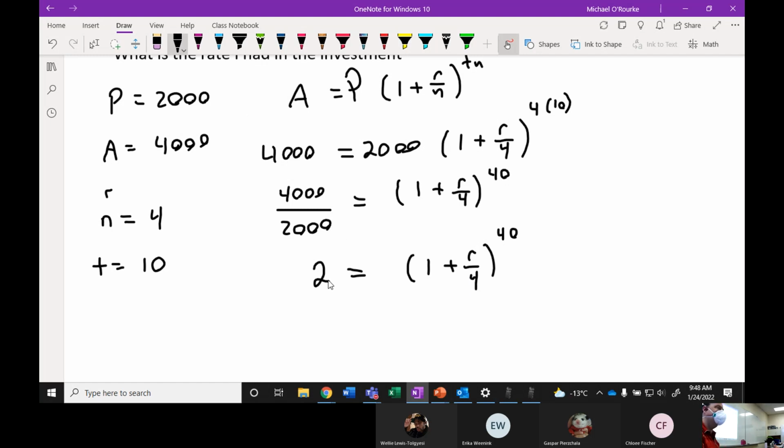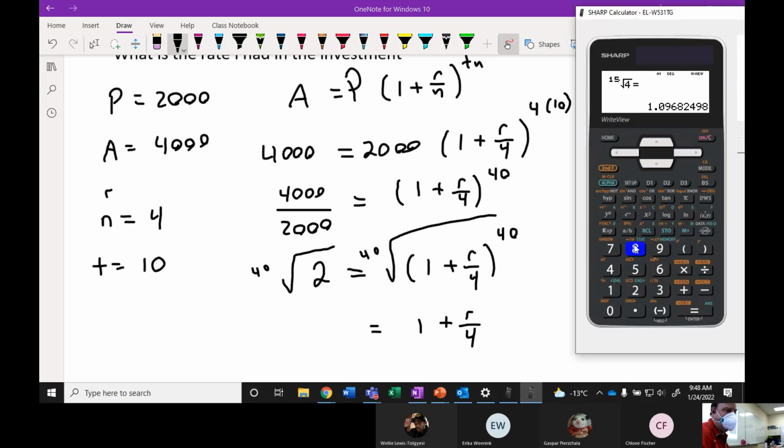Now, what do we do at this point? We take the, not the square root, but the 40th root. This is going to be a ridiculously small number. So 40, 2.